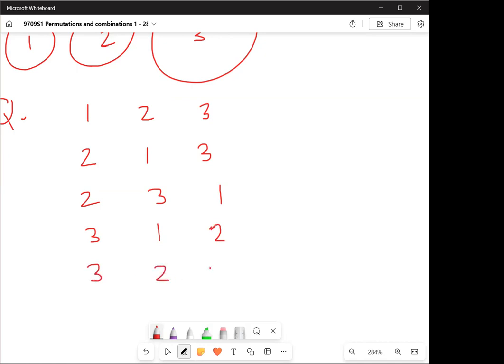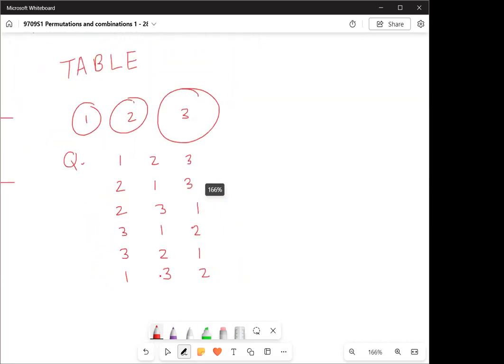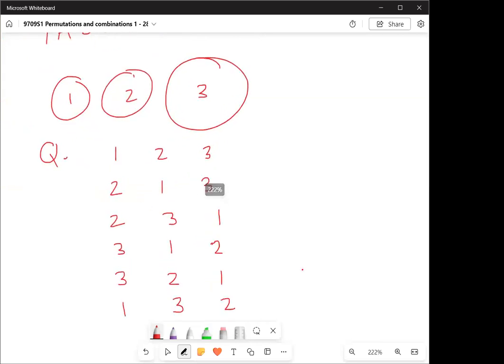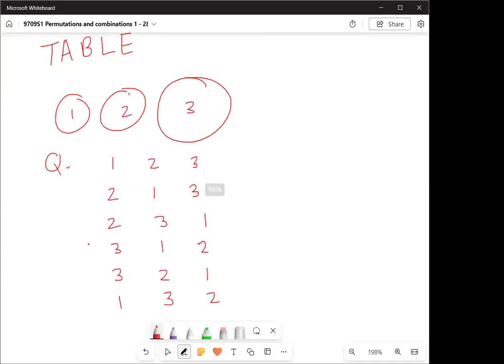Something like this. Now these are all the arrangements which I can do with three balls.